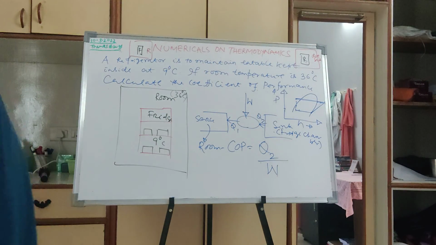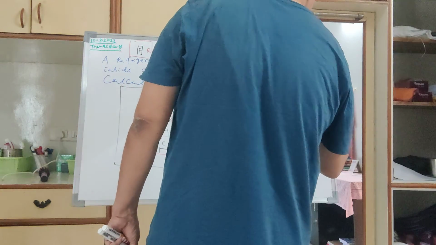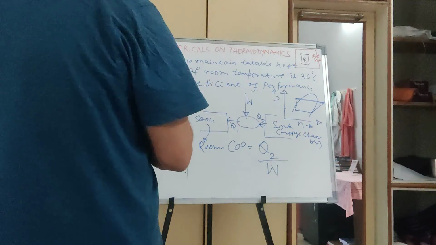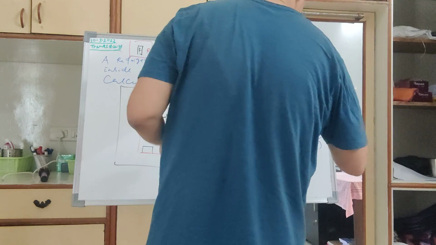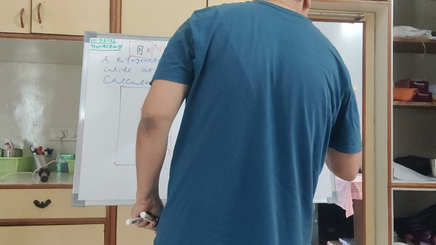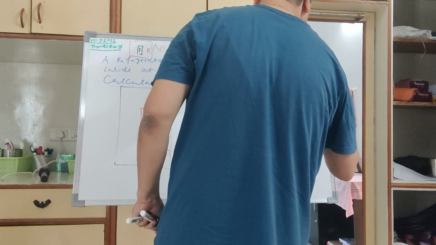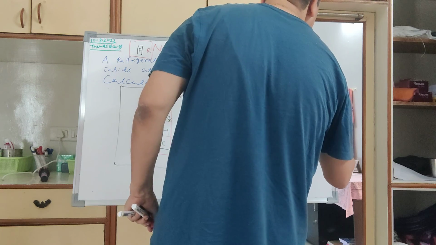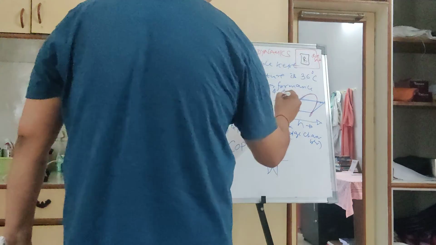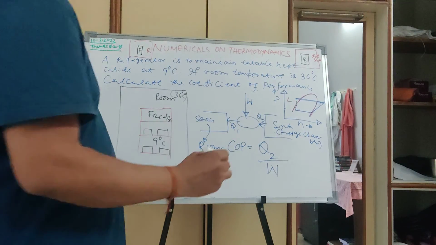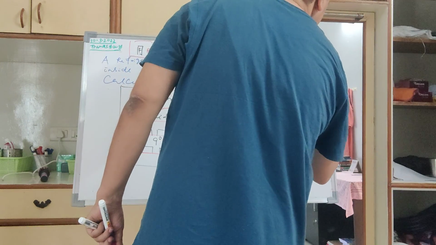So this line is called the saturation line. Okay. So this is a refrigerant, and this line is called the saturation line. So to the left side of it, you will have liquid. Okay. Inside it, you will have liquid plus vapor.